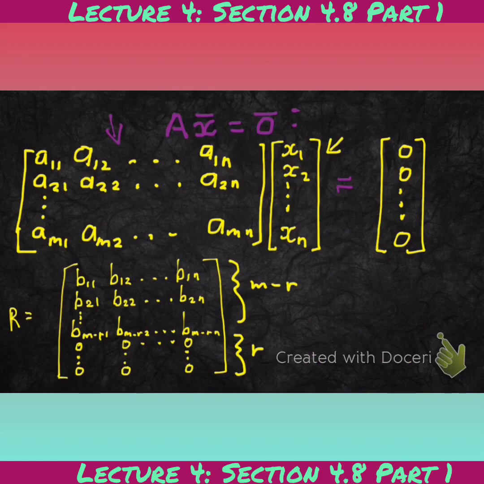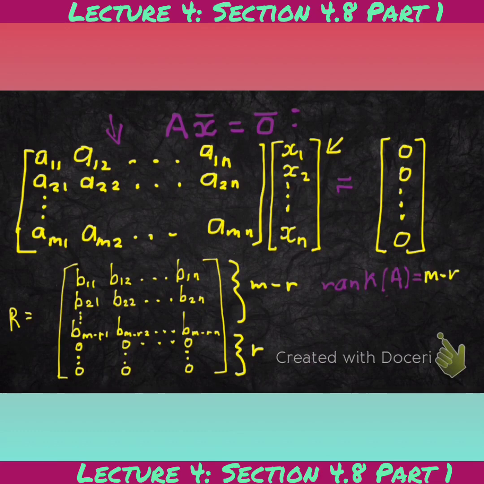The rank is the dimension of the row space, and the dimension of the row space is determined by the number of vectors in the basis, and the number of vectors in the basis for the row space is simply the number of rows with leading ones, and there are m minus r such leading ones. So the rank of the matrix A is, right, so there's the rank.